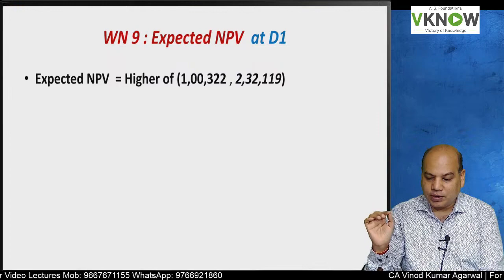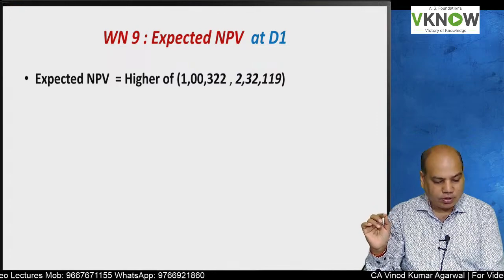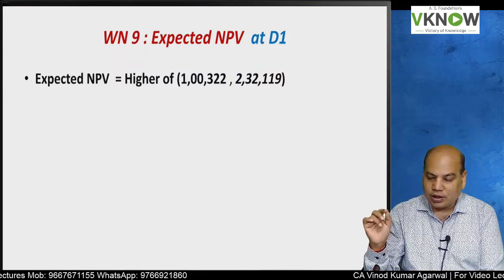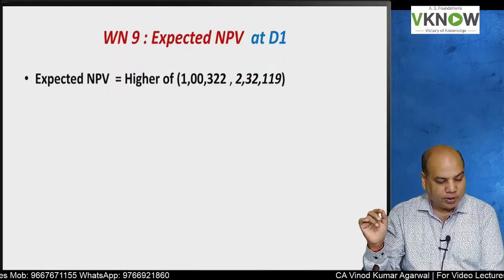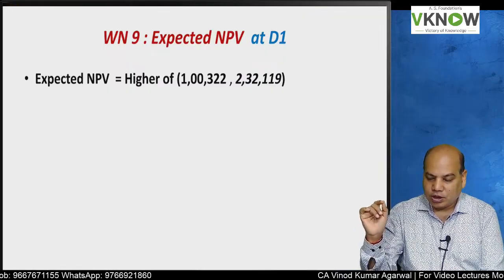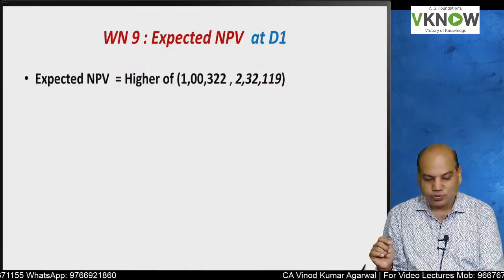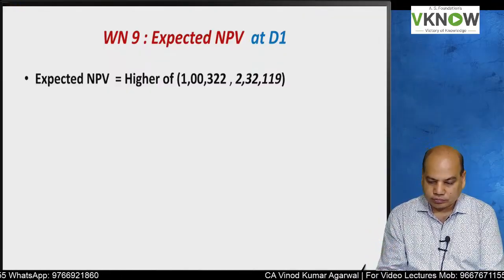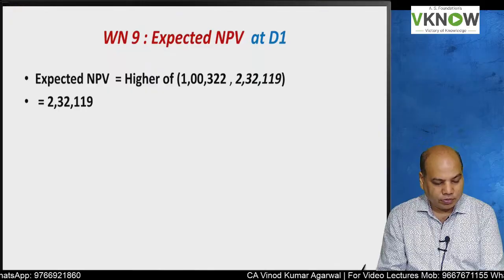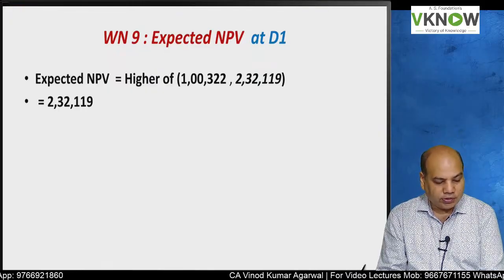If I print 15,000 copies, I will get 1,322,000. If I print 5,000 copies, I will get 232,119. So what is better? 232,119 is better.